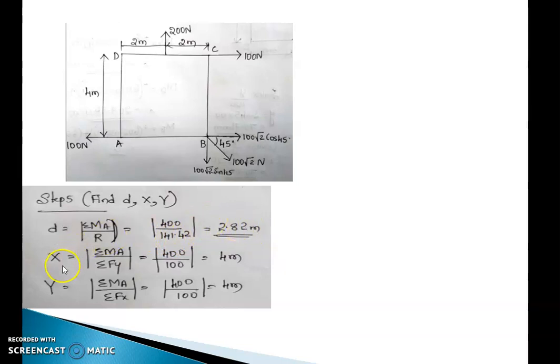The x-intercept is the mod of summation of moment about A divided by summation of Fy. So 400 by 100 works out to be 4 meter. Similarly, the y-intercept is summation of moment about A divided by summation of Fx, 400 divided by 100 equals 4.